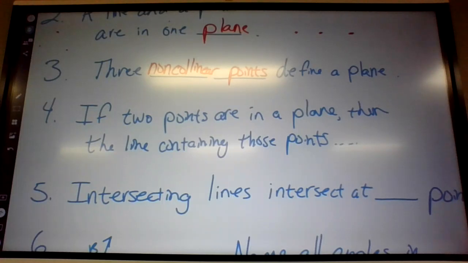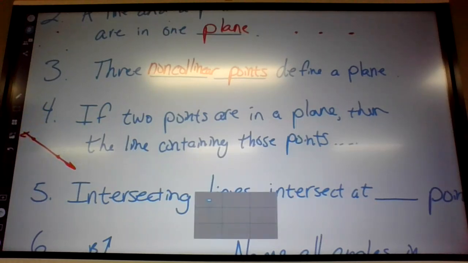Toby, if two points are in a plane, then the line containing those points, what? If two points are in a plane, then what can we say about the line that has those two points? Anybody know this one? Okay, is also in the plane.